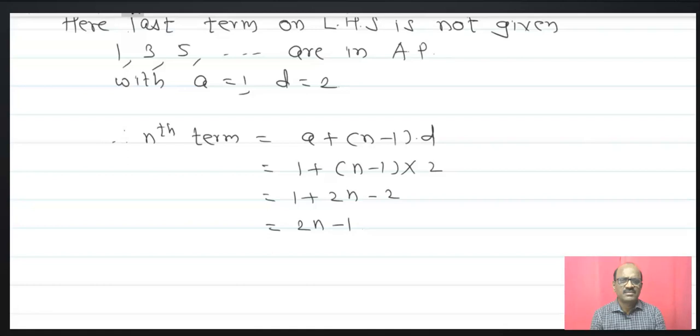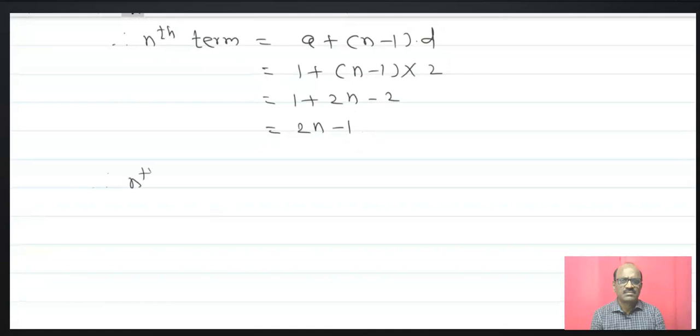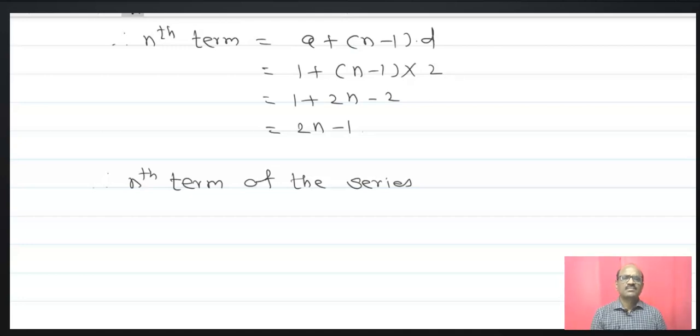Therefore, the nth term of the series, that is the last term, is (2n minus 1) bracket cube.